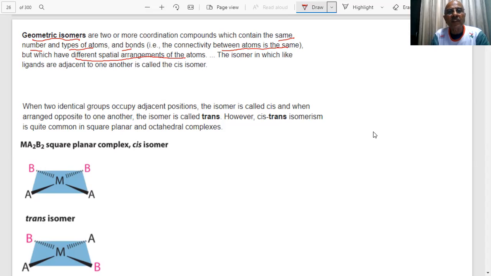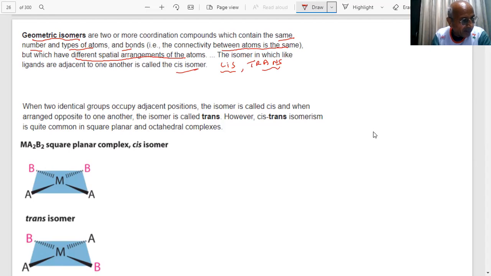There are two types: the cis isomer and the trans isomer. The arrangement of atoms in space is different, so their physical and chemical properties can become different.